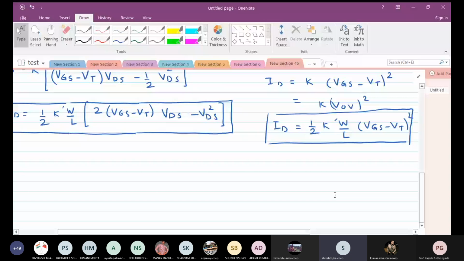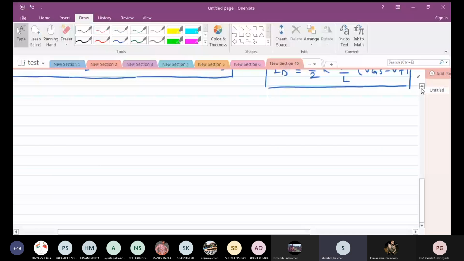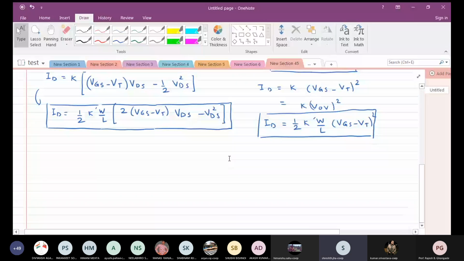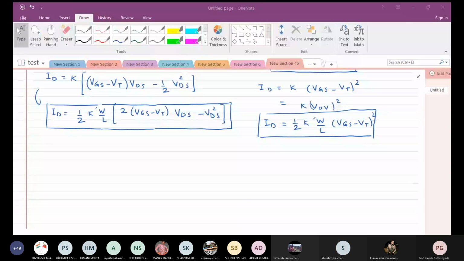All right. So just remember these equations, last equations.